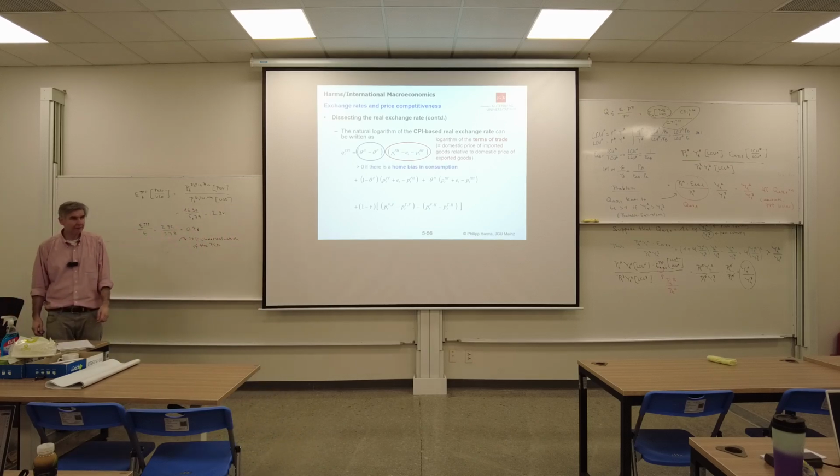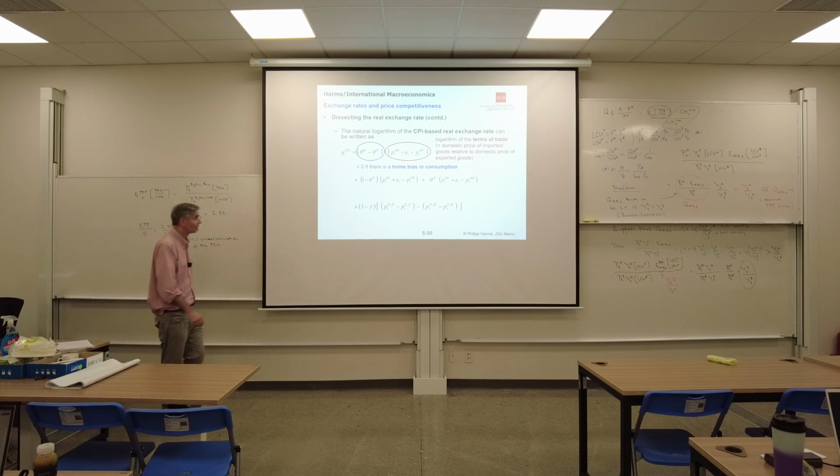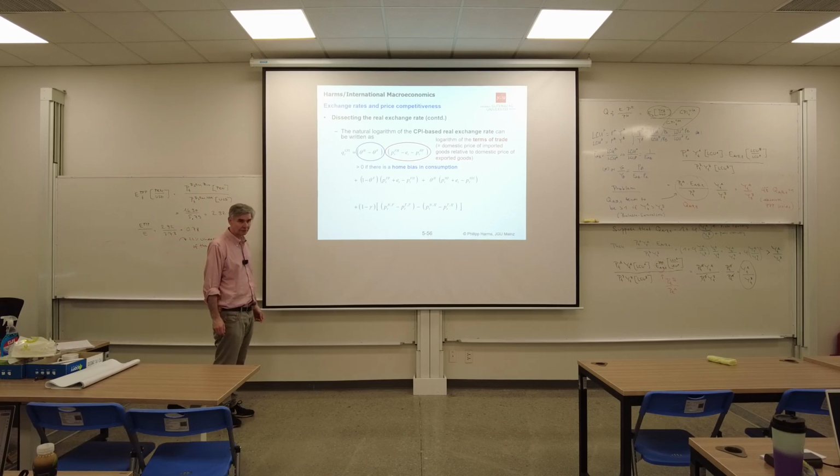Now, this is greater than 0 if there is a home bias in consumption. Now, what is a home bias in consumption? Home bias exists if you devote a larger share of your consumption bundle to stuff that's produced domestically.